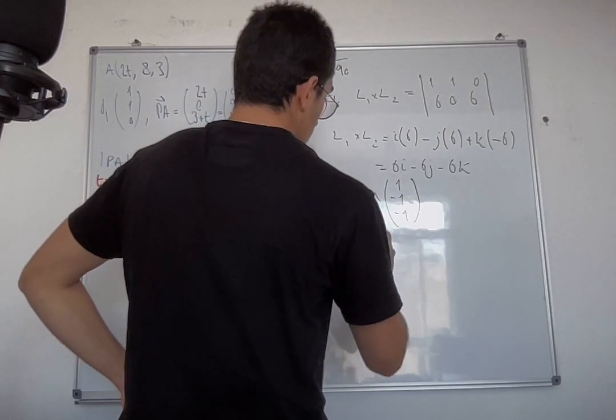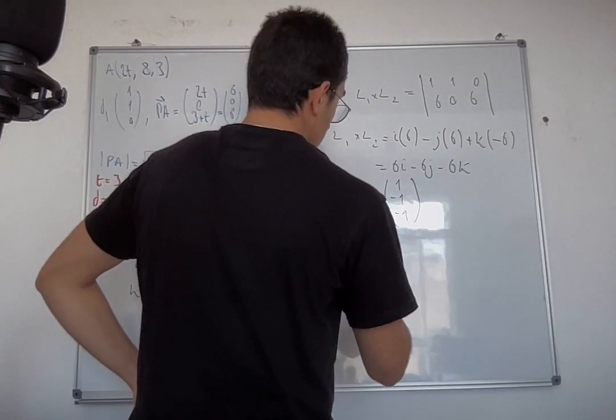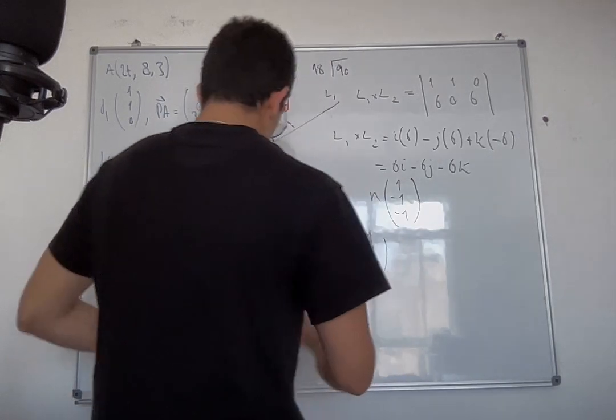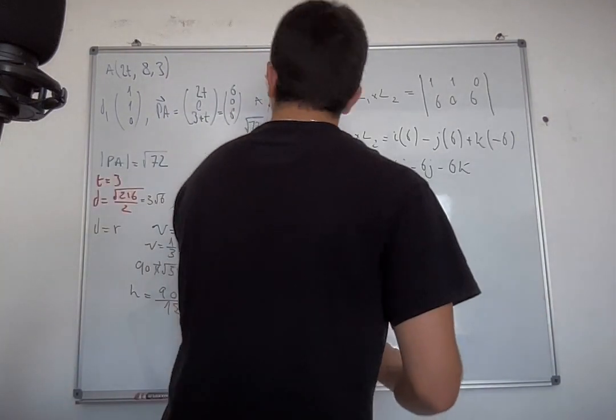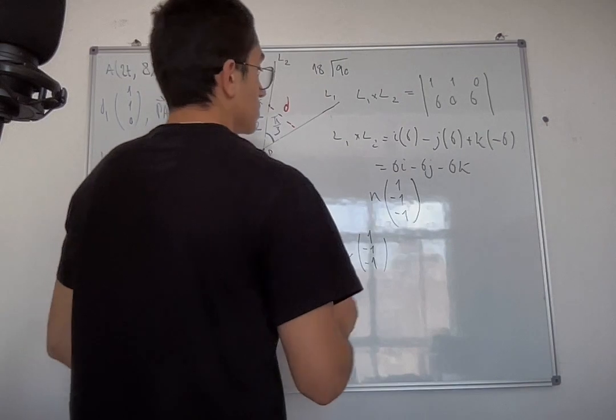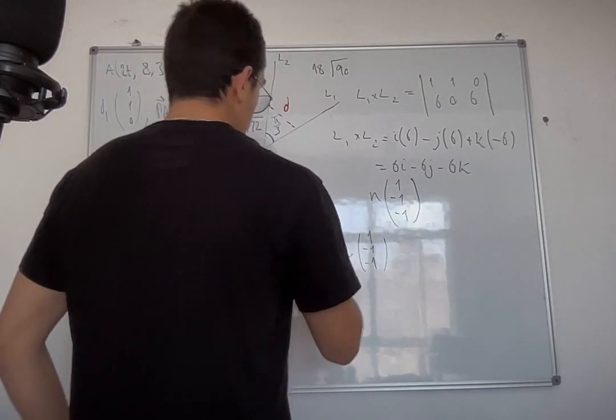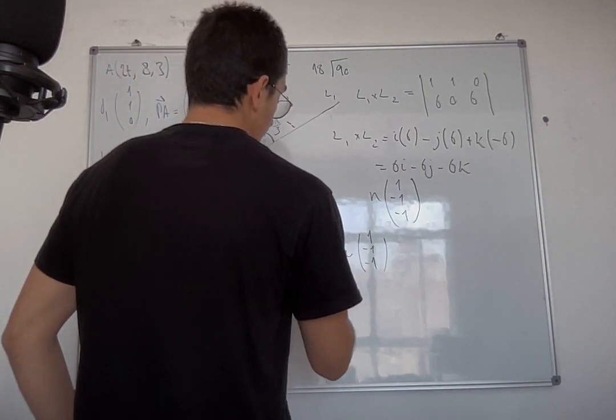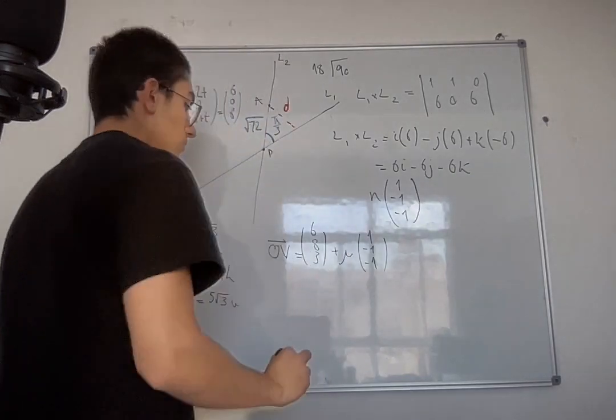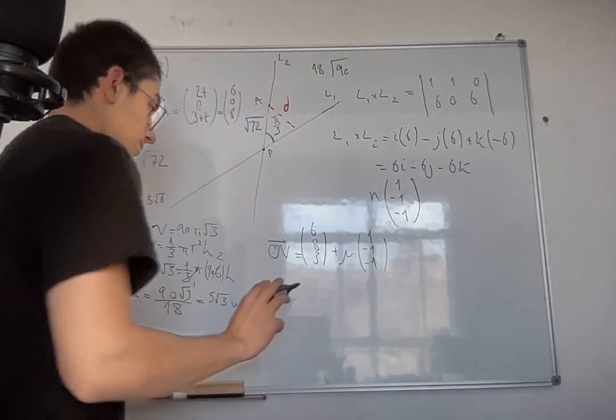So mu times 1, negative 1, negative 1. And OA is 6, 8, 3.